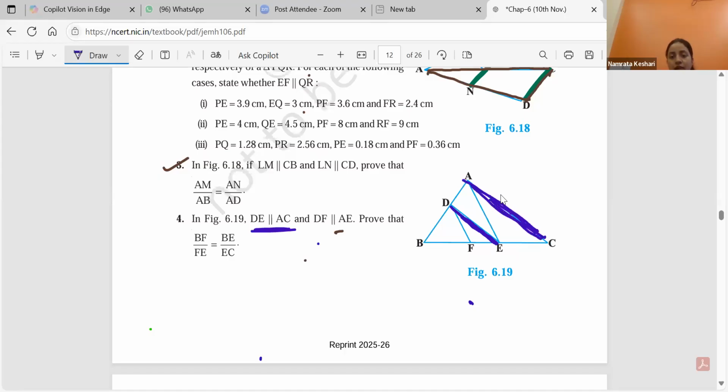Who will say which triangle to take? On the basis of these two parallel lines, which triangle can I take? This DE must be parallel to one of the sides of a triangle. Guess which triangle can be taken over here? Think about it.